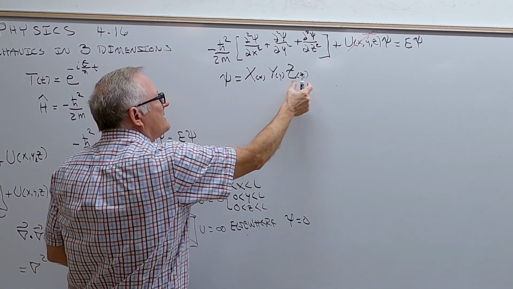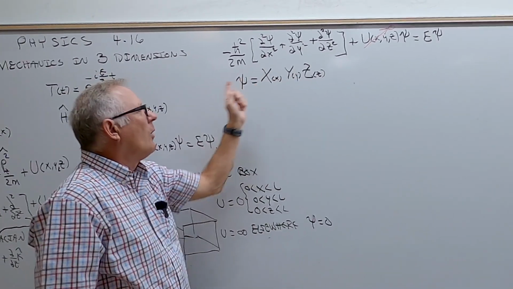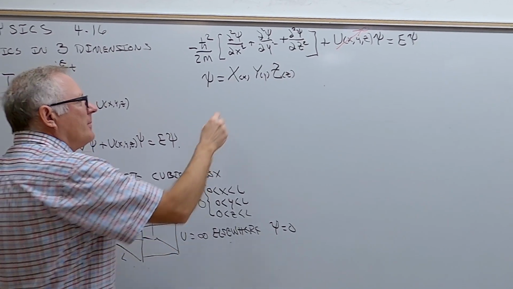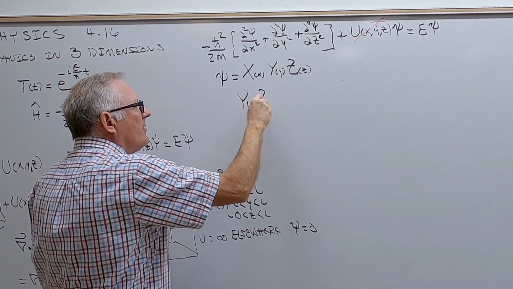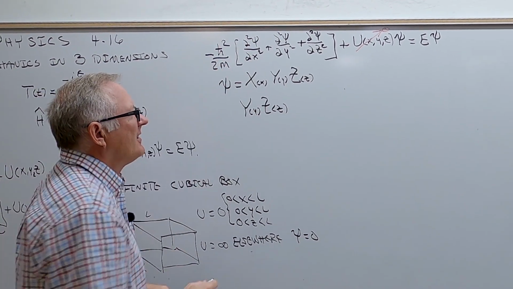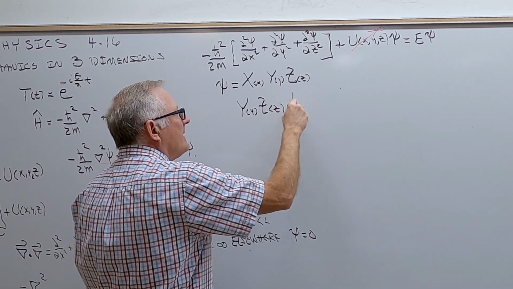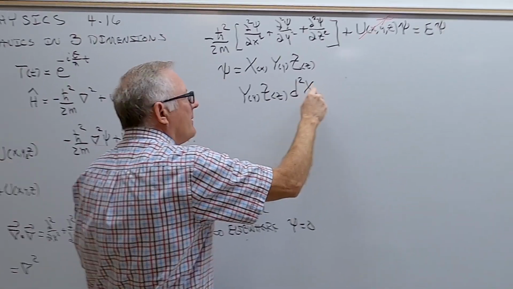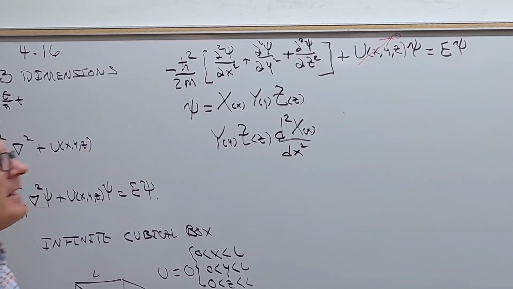If I want to do the second derivative of this with respect to x, I can pull out the y and the z, because they have no x. So we pull out y sub y, z sub z, and all I have inside there is x's, and that's the same as the total derivative, d squared x sub x with respect to x squared.